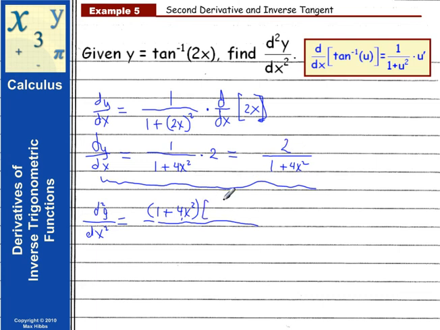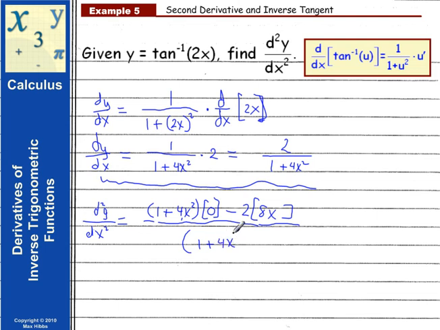Well, the numerator being 2, that derivative is 0. That's the derivative of the numerator. And then we subtract, well, we take the numerator, which is 2, and we multiply that with the derivative of the denominator. And the derivative of 1 plus 4x squared is simply 8x.